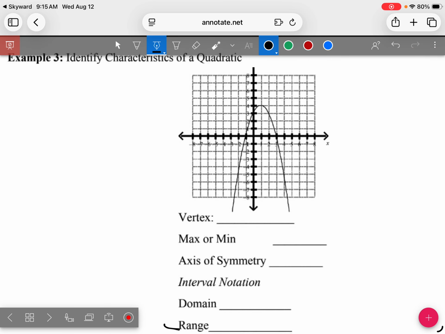So that tells me A is negative. So because it's a frown, it has a highest point. So this point right here is my maximum. If it's a frown, it has a max. If it's a smile, it has a min.